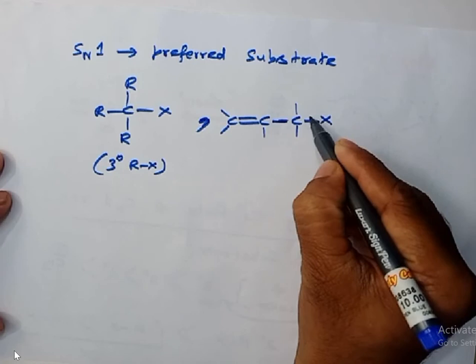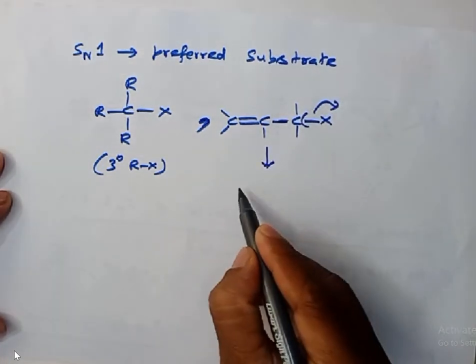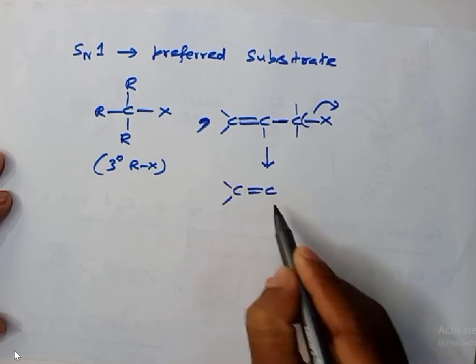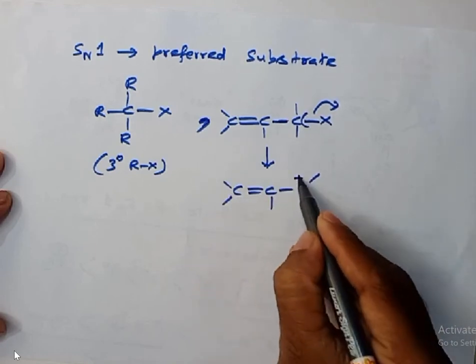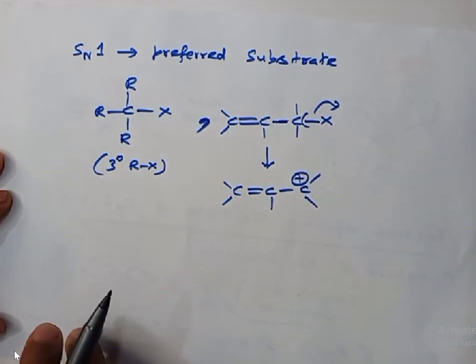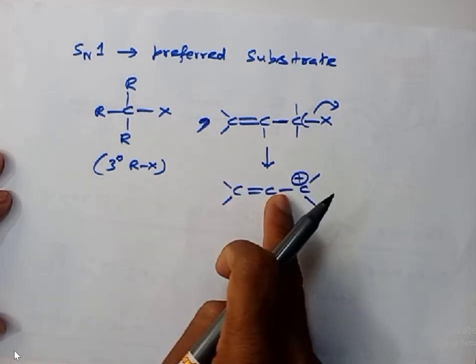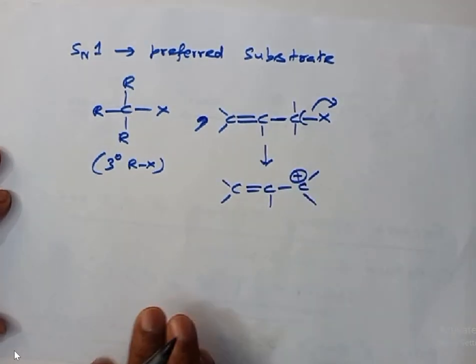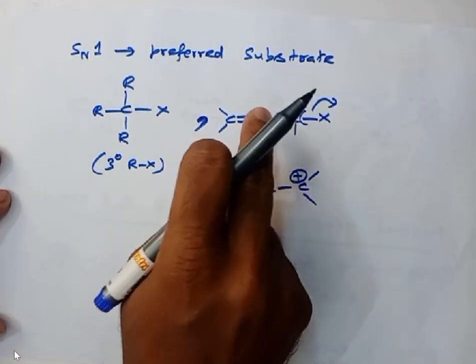Because in allylic halide, if this halogen comes out as X minus, you will get an allylic carbocation. This allylic carbocation is highly stable by resonance. Therefore, allyl halides or allylic halides are also preferred substrates for Sn1.